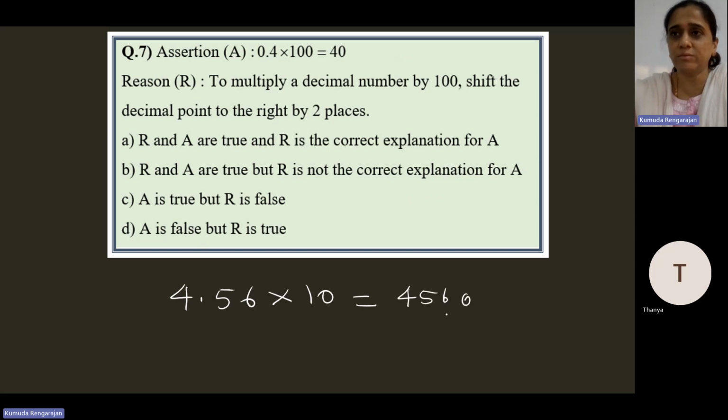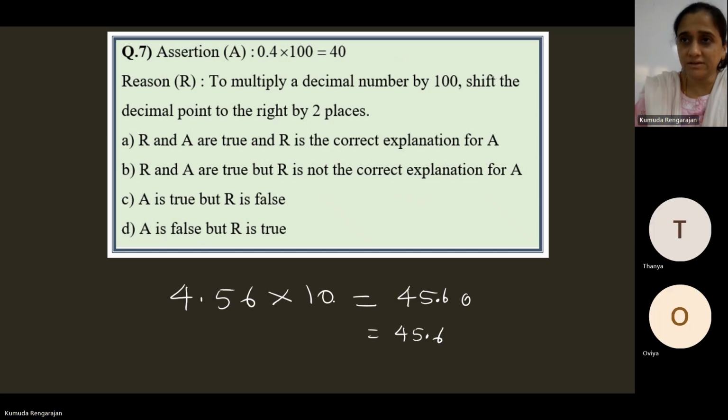Then where will you place the decimal point? Is it between 4 and 5, or 5 and 6, or after 6? So this is the answer, right? So it is 45.6. When you multiply the decimal number by 10, the decimal point has shifted to the right by 1 decimal place, right?